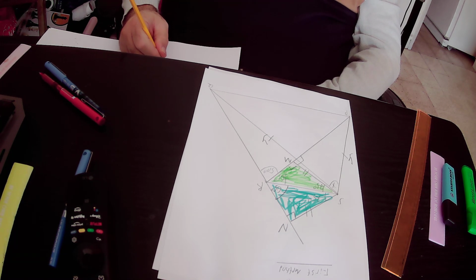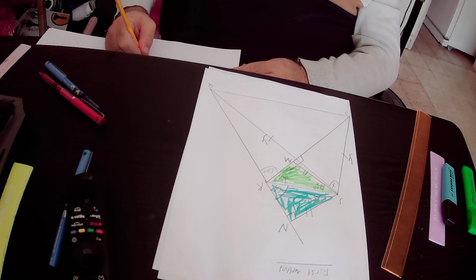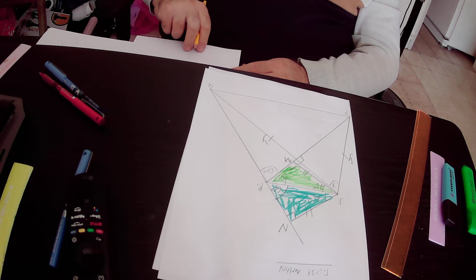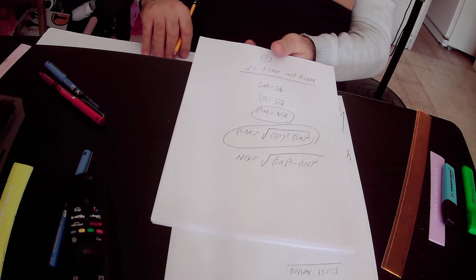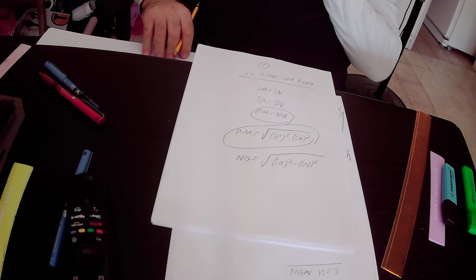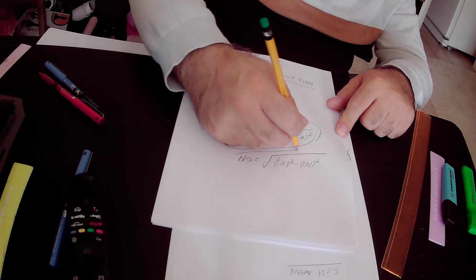SQ is the hypotenuse, so it is SQ square minus SN square. So NQ equals the root of SQ square minus SN square.